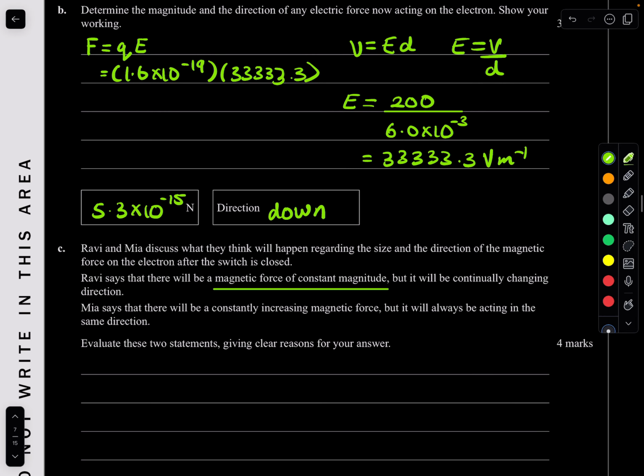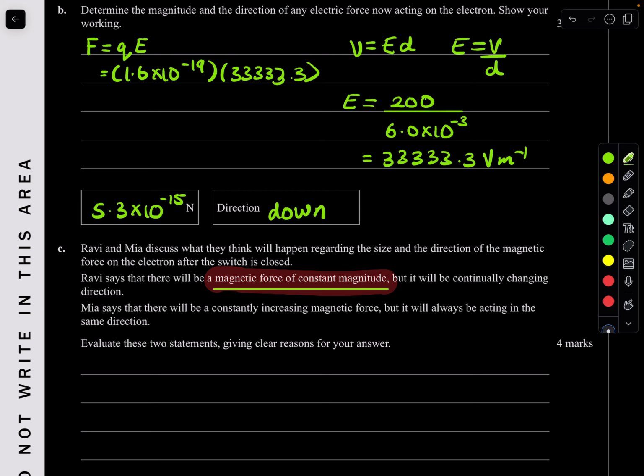So is that what he was saying? Ravi says there will be a magnetic force of constant magnitude. Nope, not constant magnitude. Remember, the velocity is increasing, so the force is changing. It's increasing too. In this case, I'm just going to highlight that statement red.